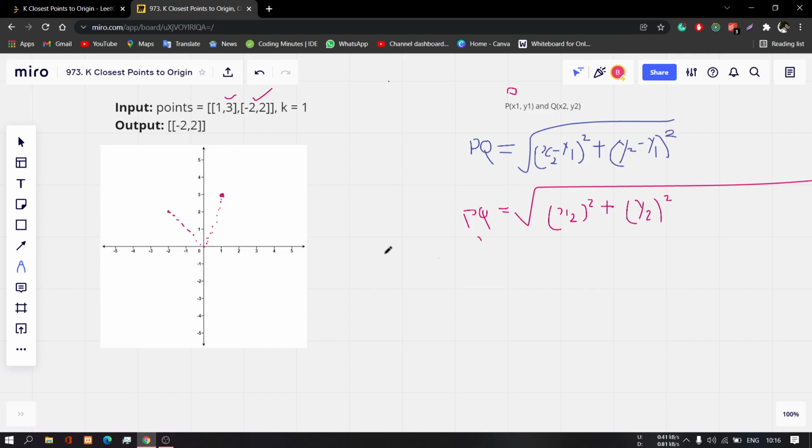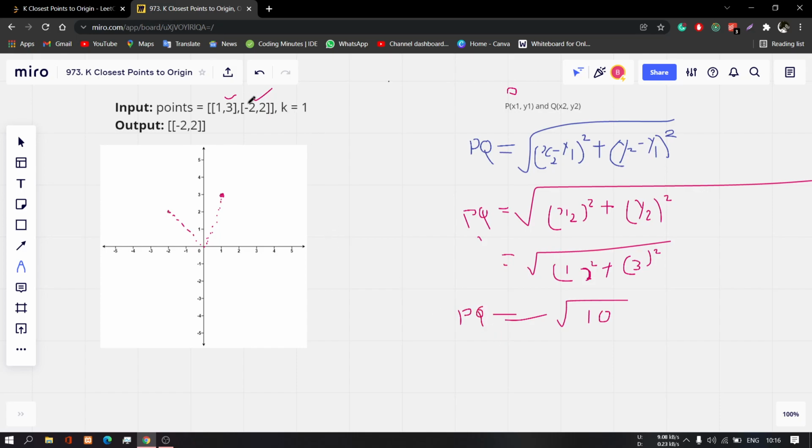So if I take this example, 1 comma 3, it will give root of 1 square plus 3 square. 1 square is 1, 3 square is 9, so 9 plus 1 is 10, and the answer is root of 10.